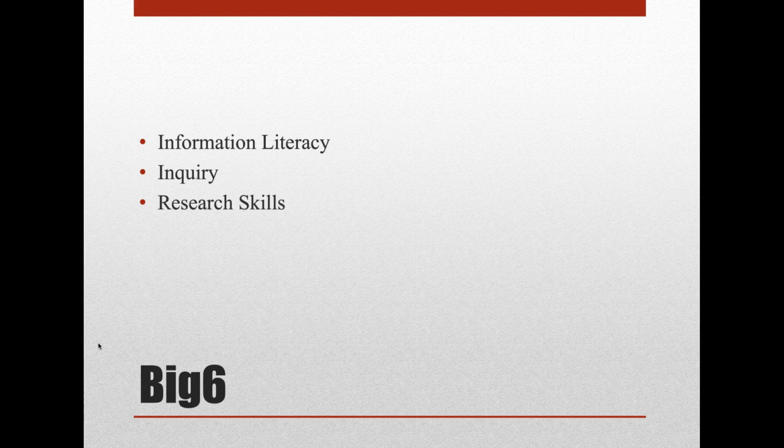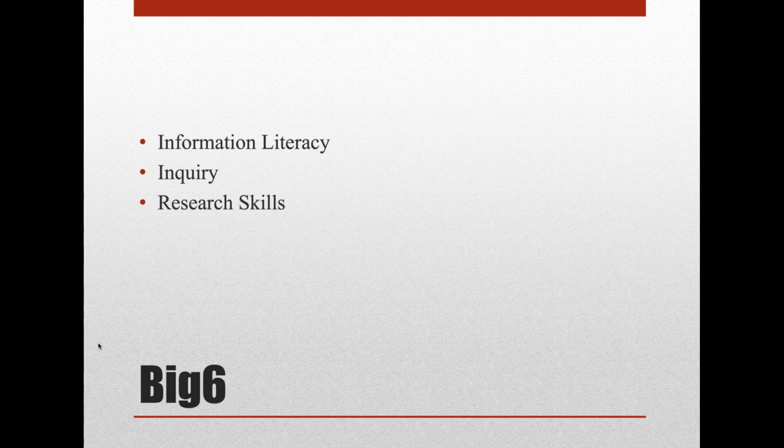If you think back to when we were talking about having the ability to locate, evaluate, and use effectively, those are research skills. That's part of information literacy. So according to the website, Big Six integrates information search and use skills along with technology tools in a systematic process to find, use, apply, and evaluate information for specific needs and tasks.